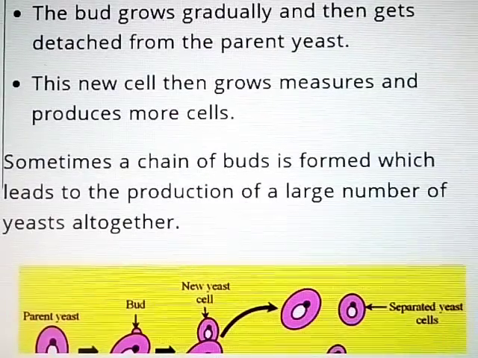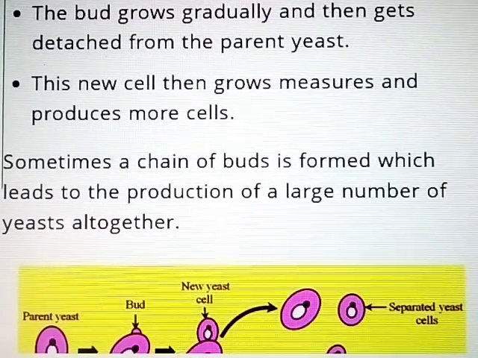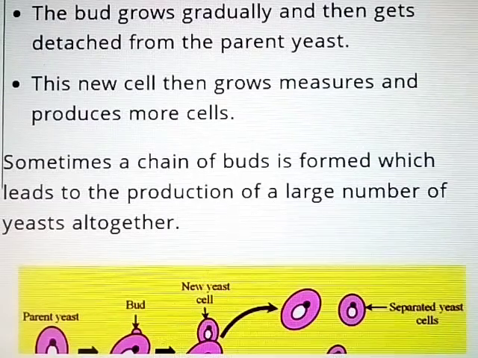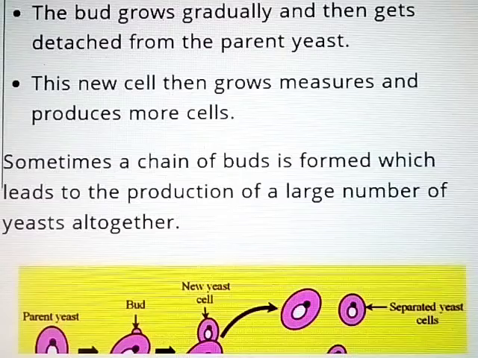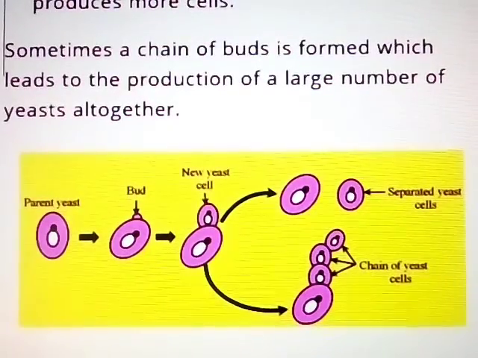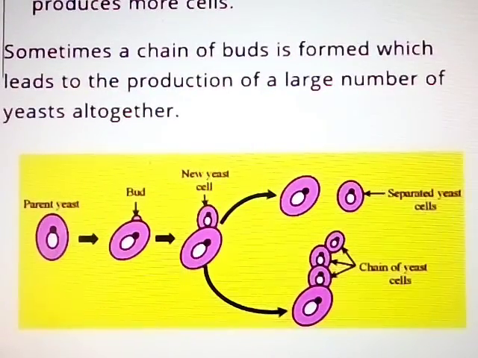The bud grows gradually and then gets detached from the parent yeast. This new cell then grows, matures, and produces more cells. Sometimes a chain of buds is formed, which leads to the production of a large number of yeasts all together.